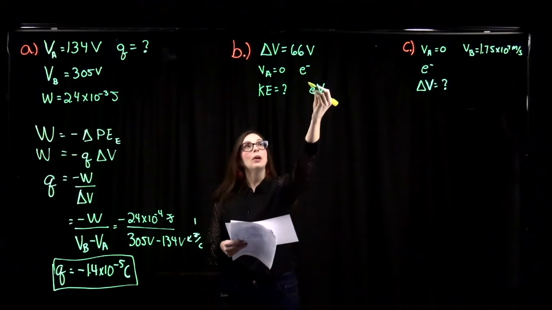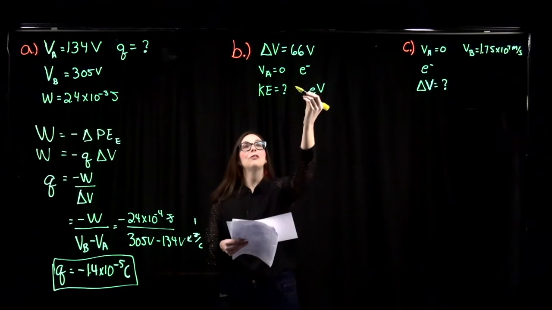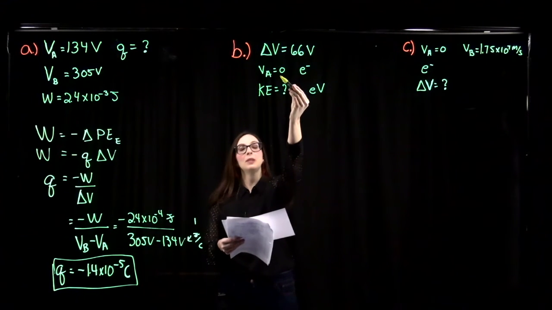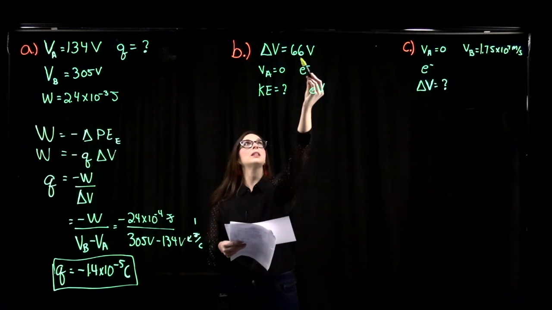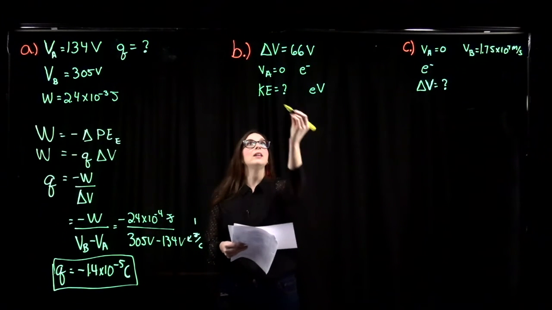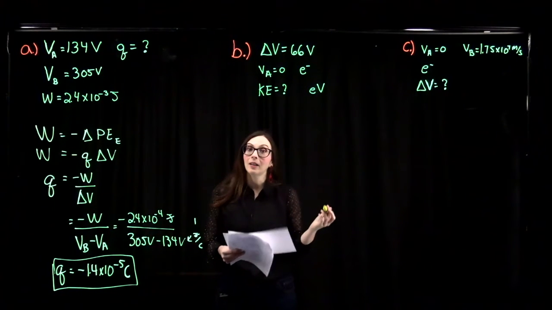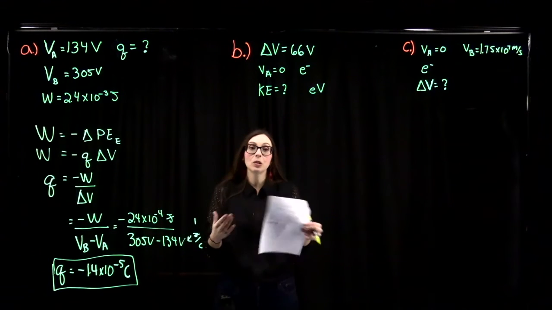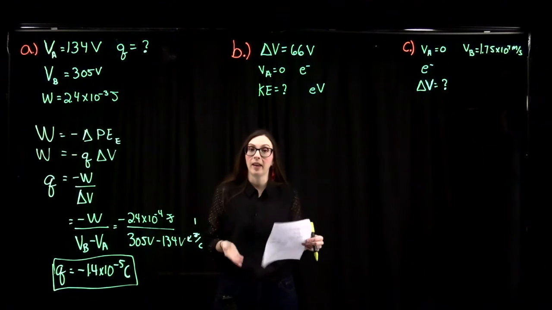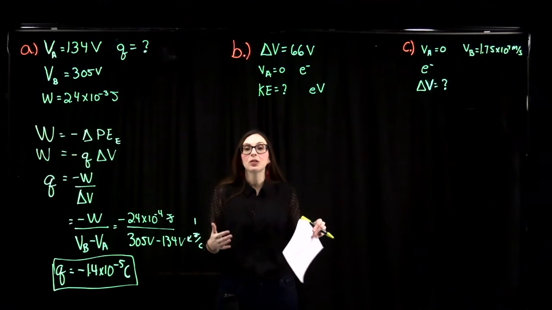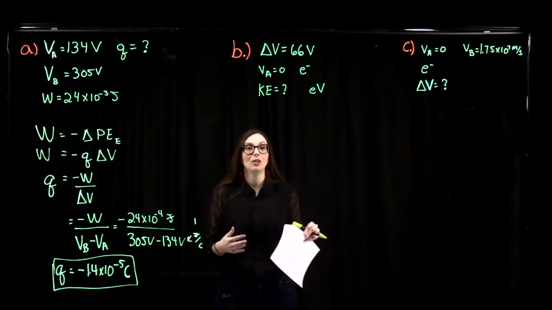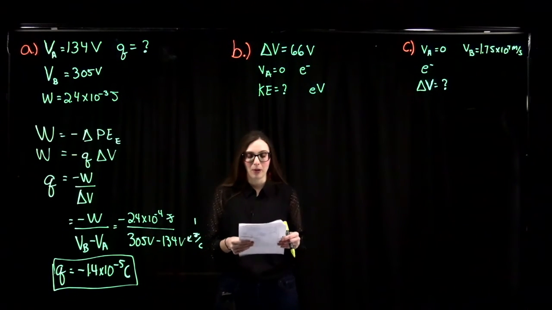So my electron has been accelerated from rest, so our initial speed is 0, through a potential difference of 66 volts. What is the kinetic energy in electron volts? Since we know the problem is asking us for a kinetic energy, that's a really great hint that we want to start with conservation of energy in order to solve this problem.